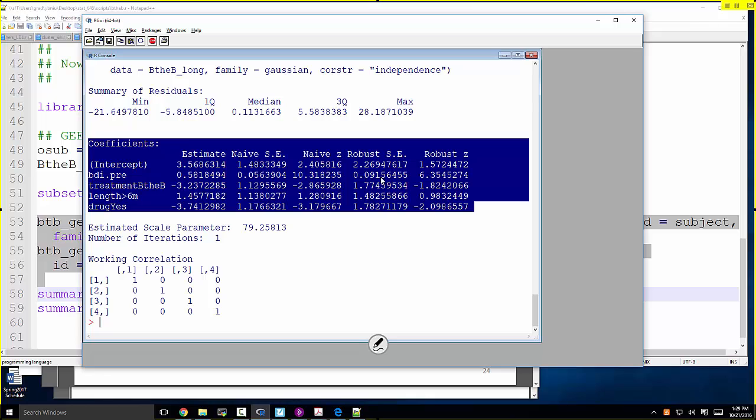Standard errors that have incorporated the correlation structure that we chose. Notice that the standard errors tended in this case to be bigger than the naive ones. So if we had done usual linear regression with these data, we would have had anti-conservative inference. Our p-values would have been smaller than they should have been. Our confidence intervals would have been tighter than they should have been.